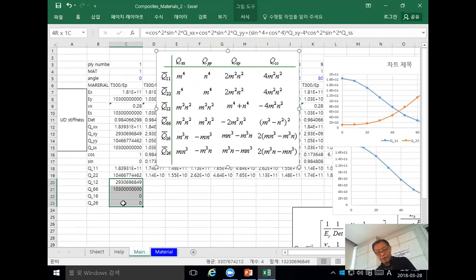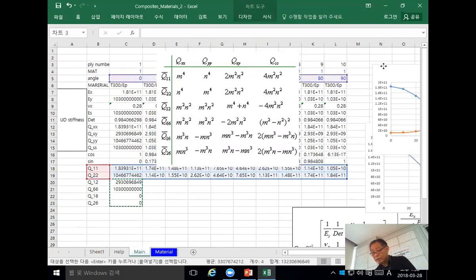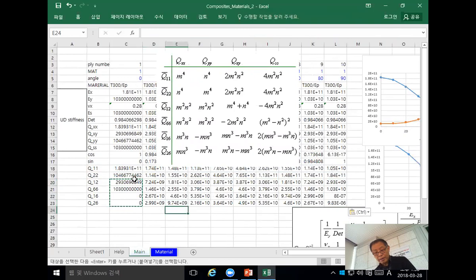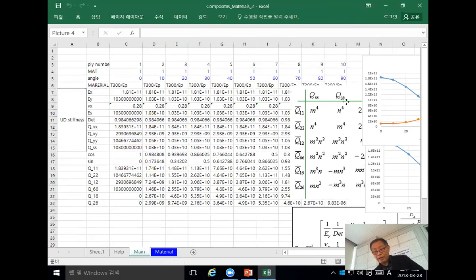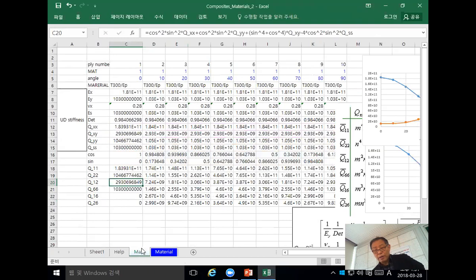Now again, you just copy and paste up to here. As you can see, all these equations are the same, but all the symbols come from the upper rows, so each column has different values according to the same columns.